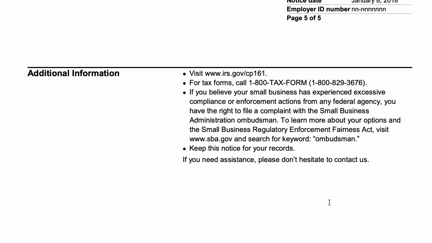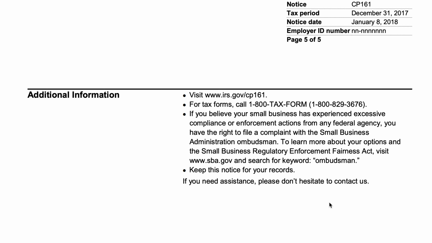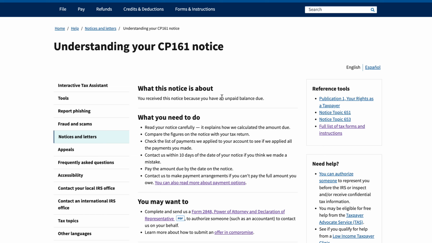So there's additional information. There's not a whole lot on this page, but you can call, you can go online. You can also click this link. So this is one key difference between this notice and the IRS notice CP160: that page was broken, and this page actually works. So it does give you a breakdown of what you need to do.